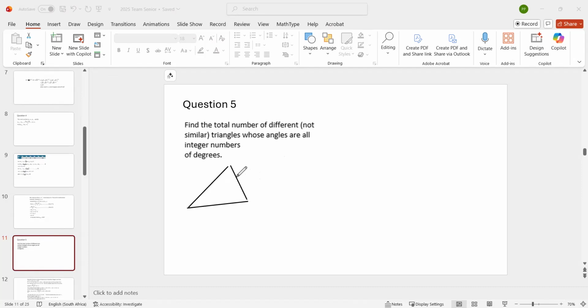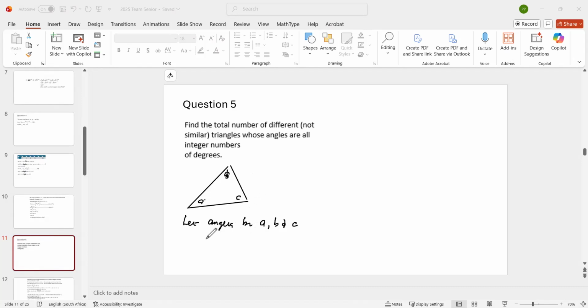Okay, so I'm going to let the angles be A, B, and C. All right, now the order doesn't matter. If you got a triangle with angles BAC or CAB, it's the same triangle. The numbers are all integers.